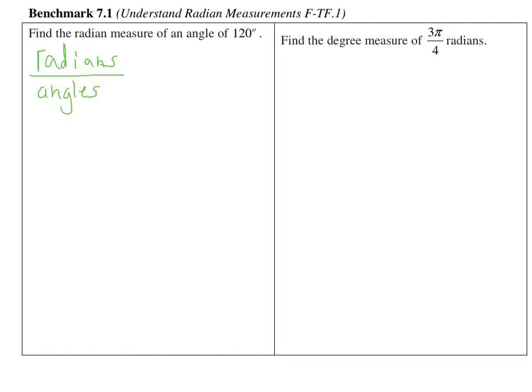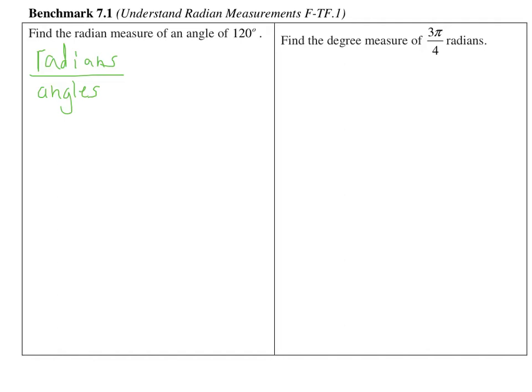But to do this problem, I need to start with a basic comparison of angles to radians. So if we have radians again over angles, what comparison do we have?